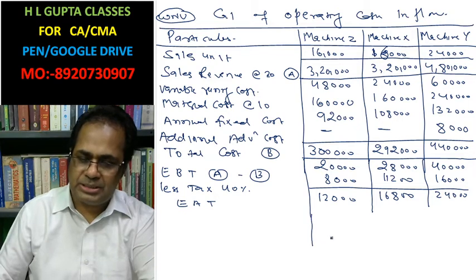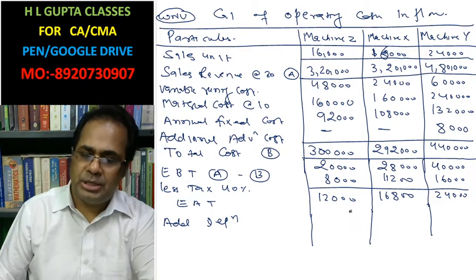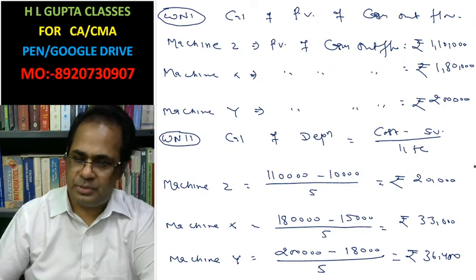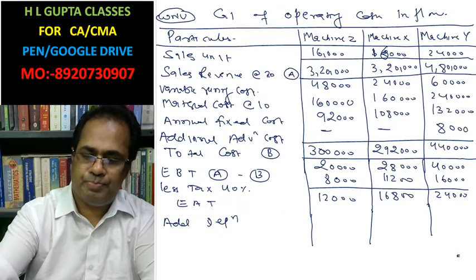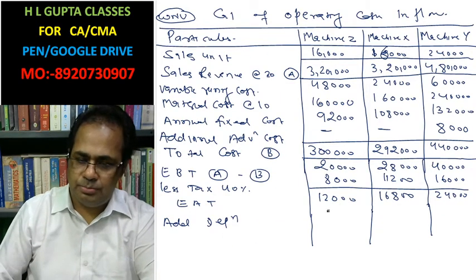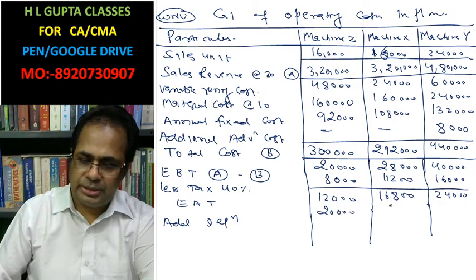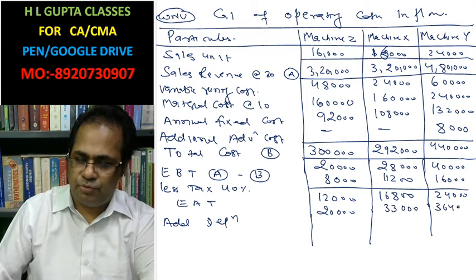Now we have to add depreciation. The depreciation we have already calculated here: 20,000, 33,000, 36,400.